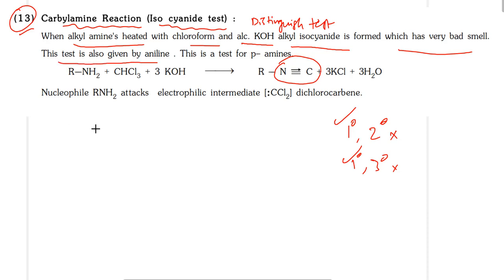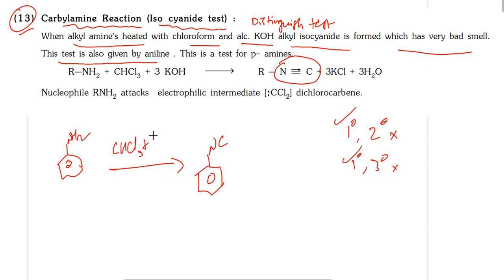This test is also given by aniline. Of course, all primary amines are giving. If you take aniline, you will get phenyl isocyanide. What are the reagents? CHCl3 plus KOH, alcoholic KOH. Same reagents we will use for phenols.